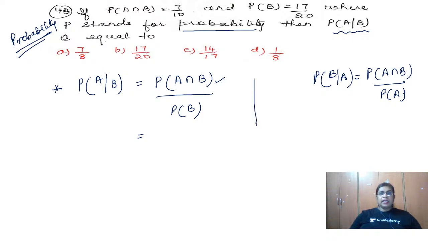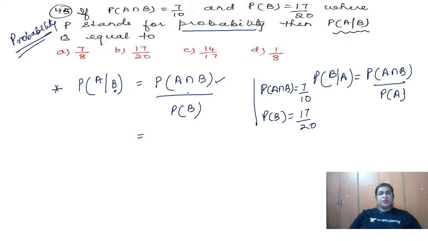P of A intersection B is given as 7 by 10, and P of B is also given as 17 by 20. So I just have to substitute. It is the easiest question of the probability chapter. Sometimes they give you P of A intersection B and P of A also, to confuse you, so you have to be very careful with the formula. Whoever is the condition, that probability only will come in the denominator.